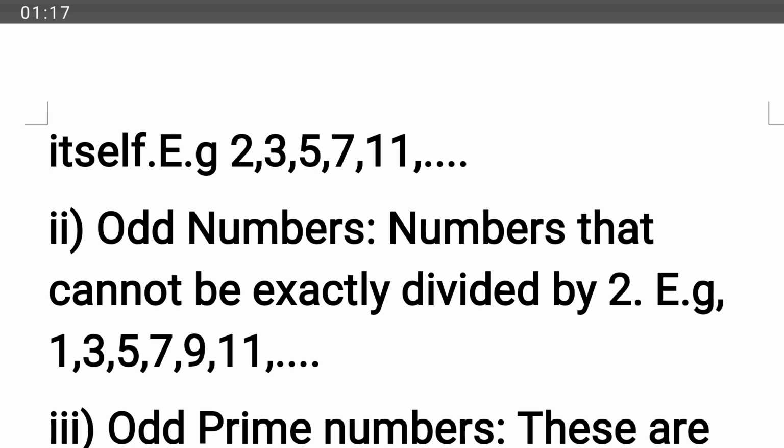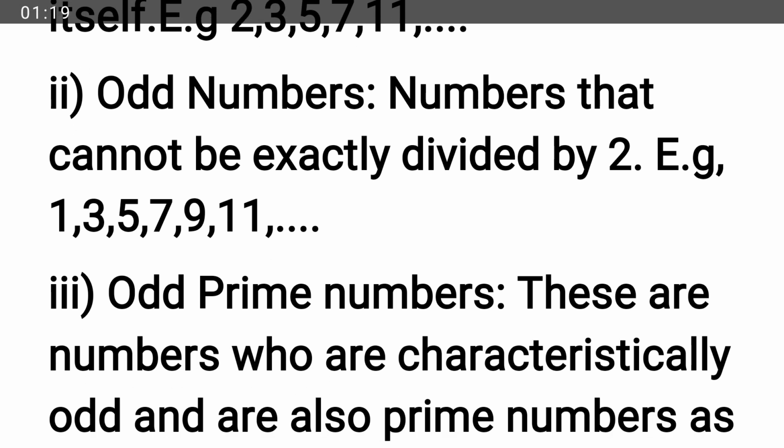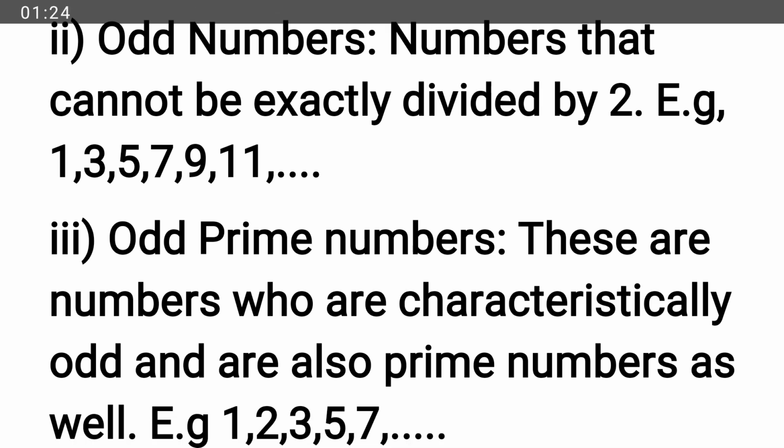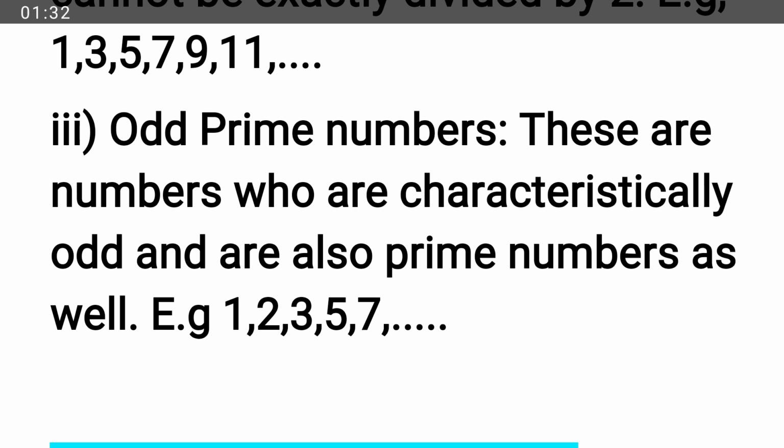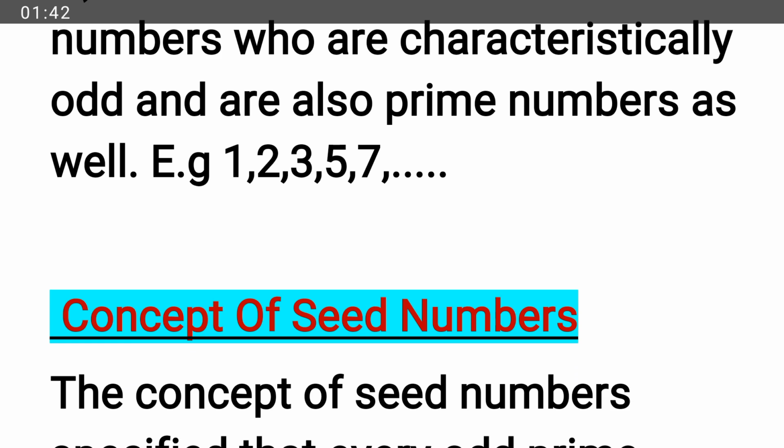We have 1, 3, 5, 7, 9, 11 till infinity. We also have odd prime numbers, and that is where our class stands. These are numbers that are odd and also prime. We're going to make use of these in generating what we call the seed numbers.